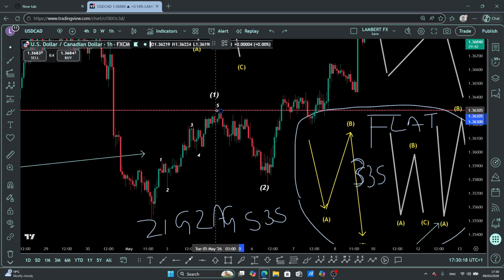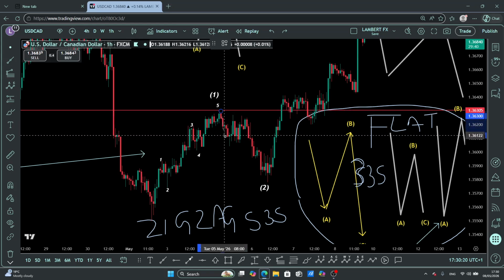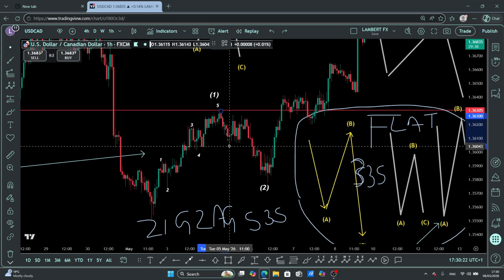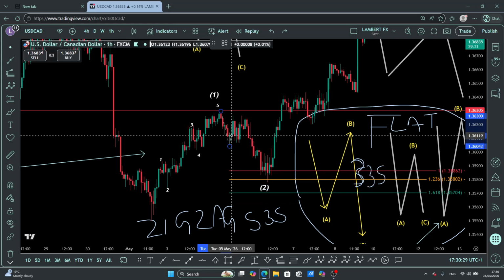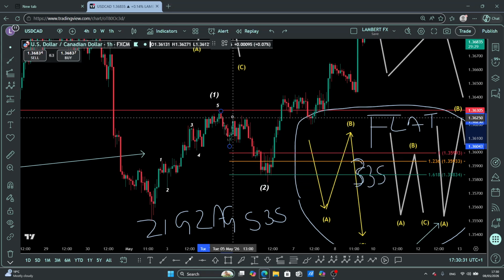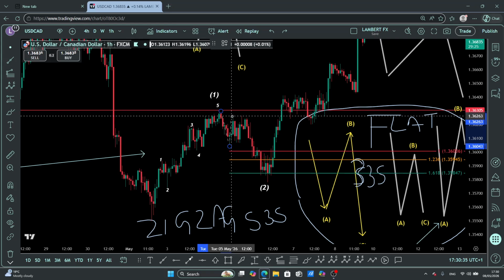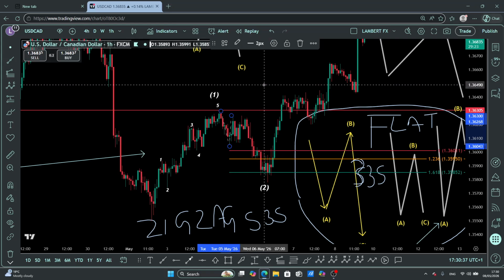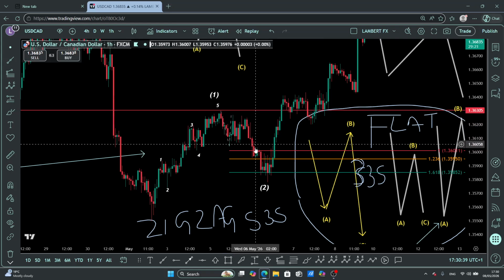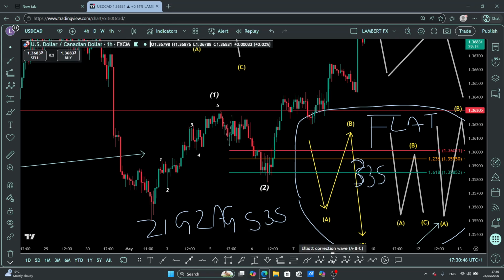You start from there to where your first three ended, so where your A ended, which was this low here, and then you drag it up to where your B completed, which was right here. Then all you need to do is leave the fib. So where you look to take a trade is between 1.0 to 1.618.